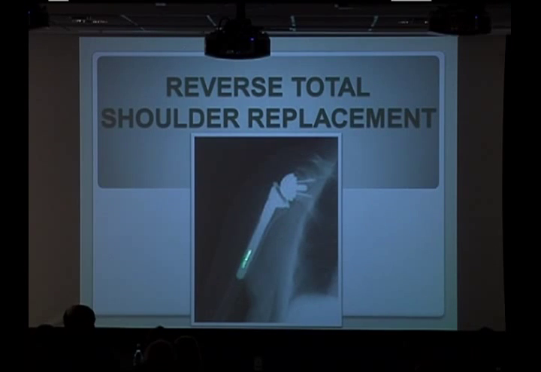There's a lot of discussion these days about reverse total shoulder replacements, which have been done in Europe for quite a while, and in the past 10 years have really increased in popularity in this country. The indications are very specific for this. It's especially helpful in people who no longer have any rotator cuff function, because the function of this implant, and the reason it's called a reverse, is that you'll notice the ball is on the socket side, and the socket is on the ball side.